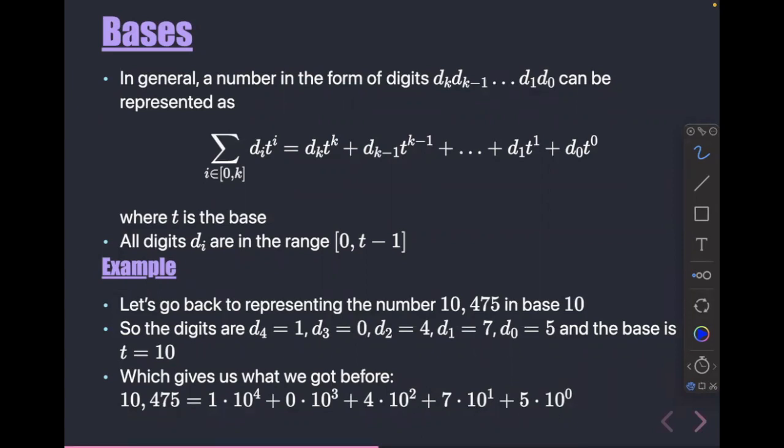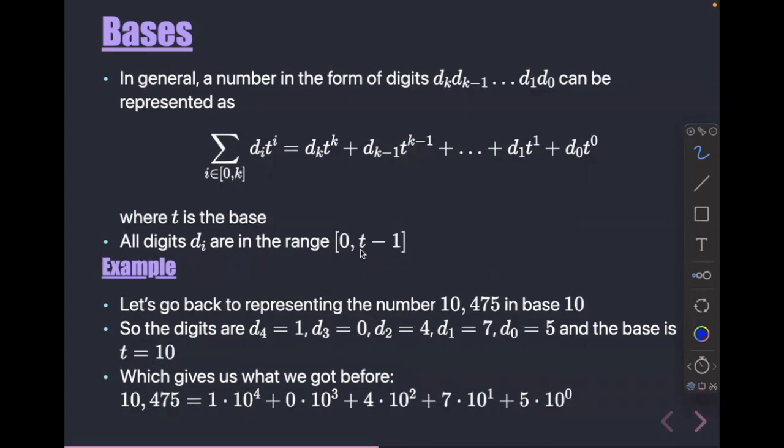Another thing you'll notice is that these digits are all numbers less than 10. So each digit at each place in your number is always going to be some number between 0 and 9. That's a property you'll see in bases: each digit is a number between 0 and your base minus 1.